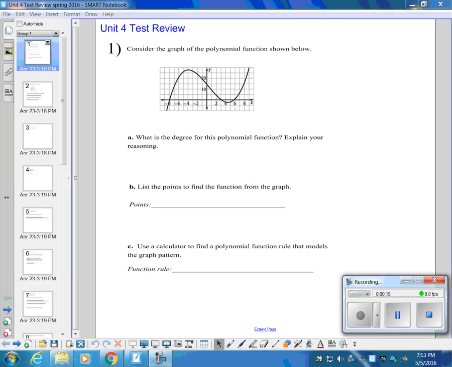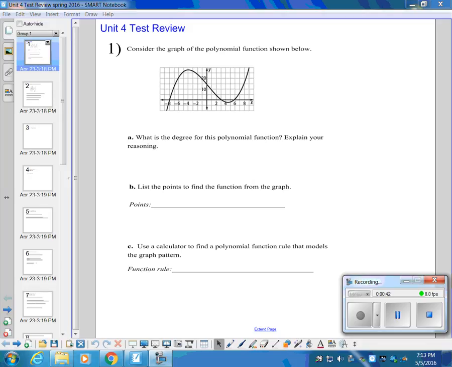Then it goes to quadratic functions, where we found the standard form, factored form, vertex form, where we could find the x-intercepts, or the roots, or the solutions, or the zeros, or the y-intercept, or a vertex, which was our max or min.